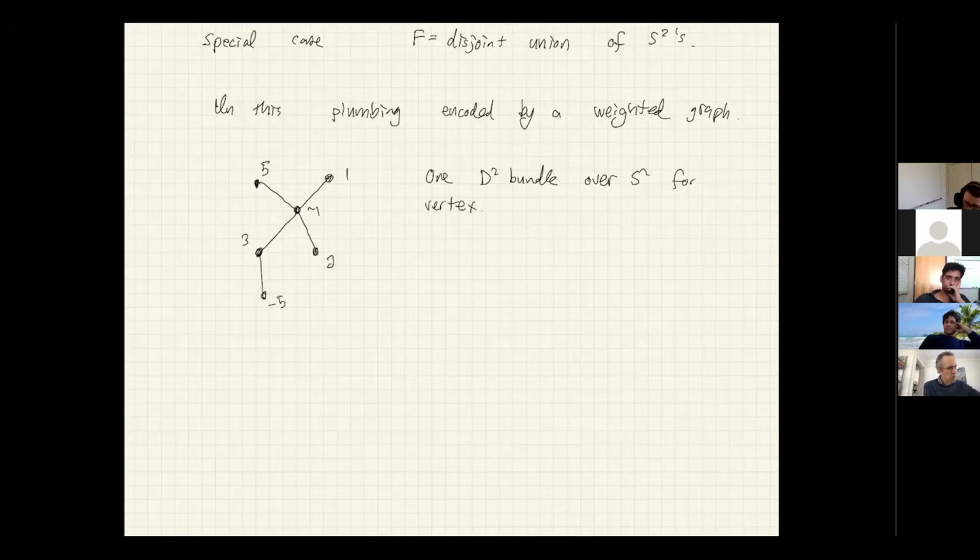The weight is the Euler number. And I have an edge for each time I plumb.